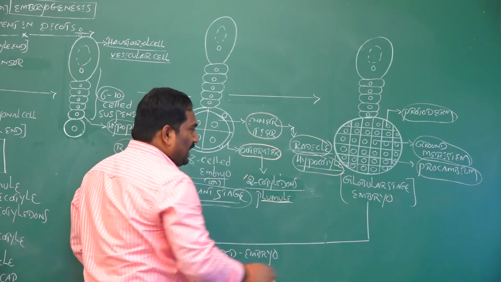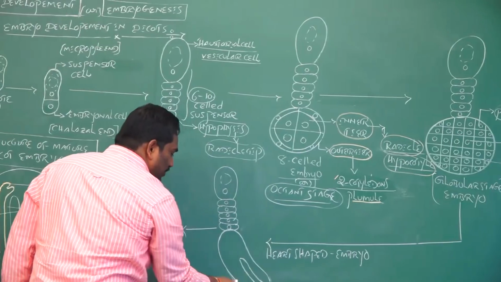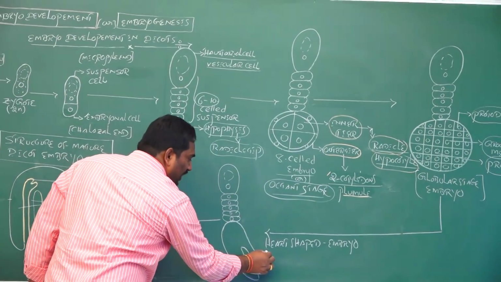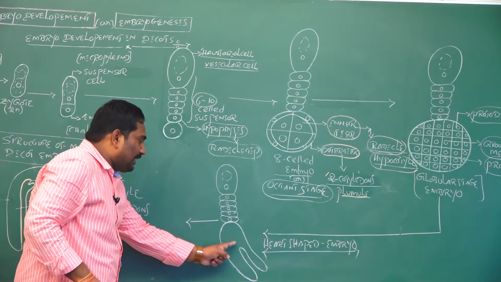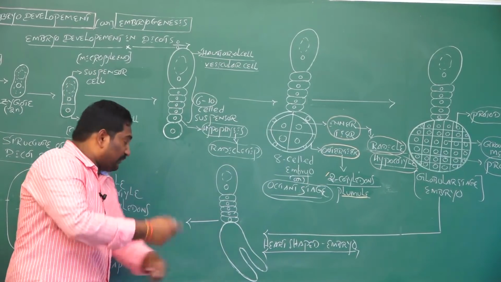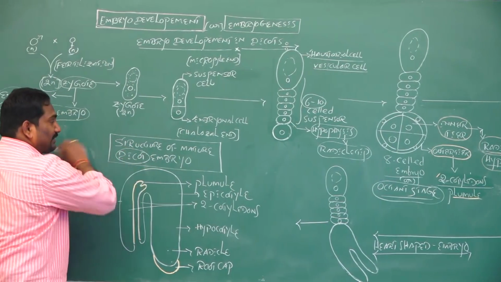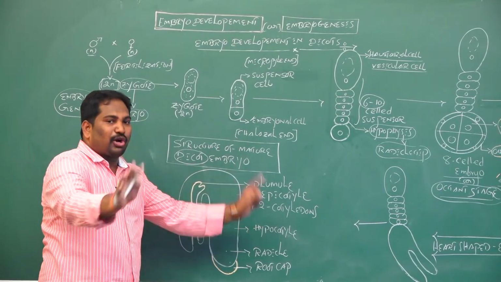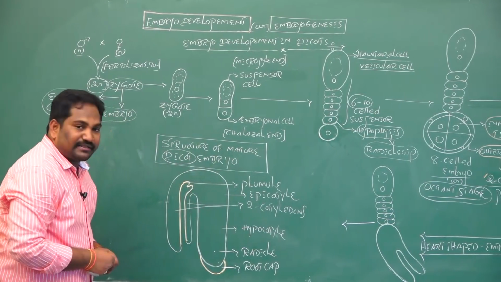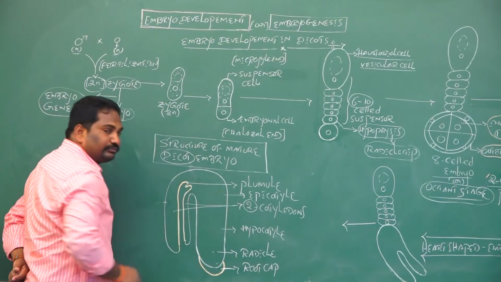At the final stage, this globular stage of embryo divides and differentiates to form a heart-shaped embryo. And finally, the heart-shaped embryo differentiates to form the mature embryo in dicotyledons. In the structure of the mature embryo in dicotyledon plants, there are two cotyledons in the embryo.